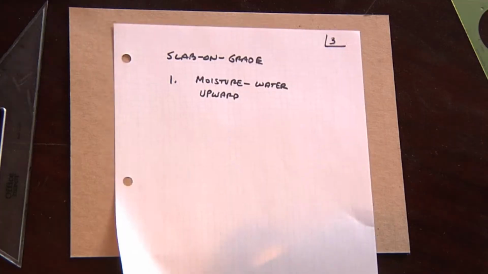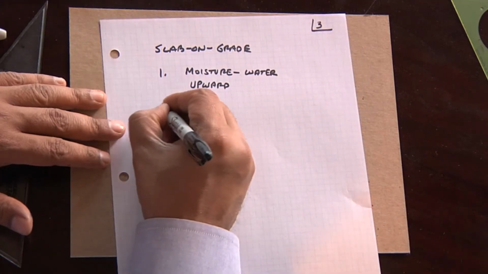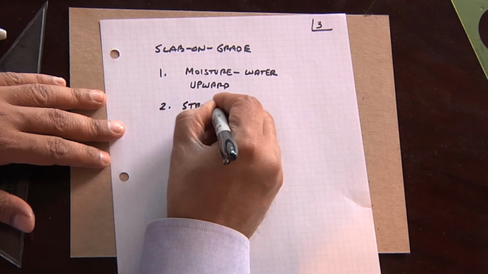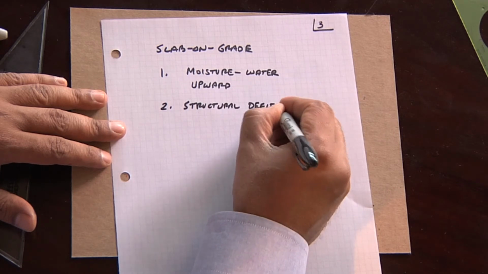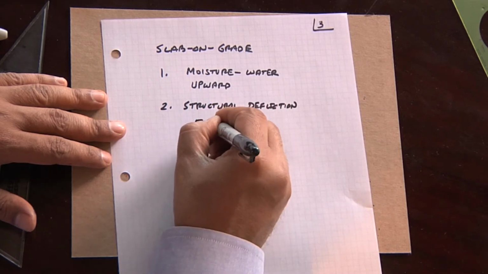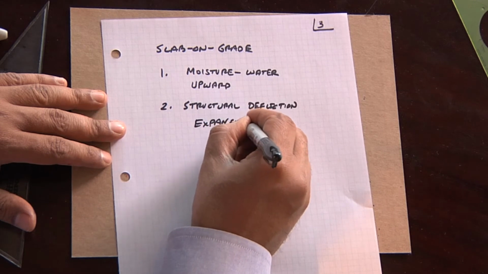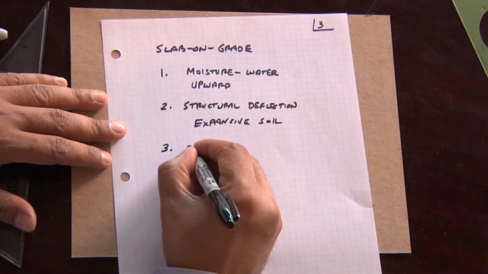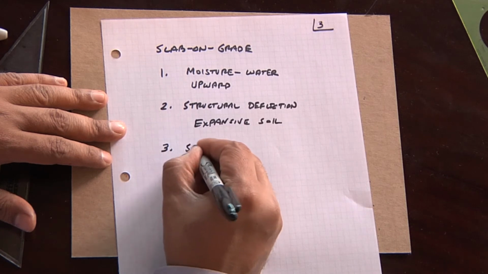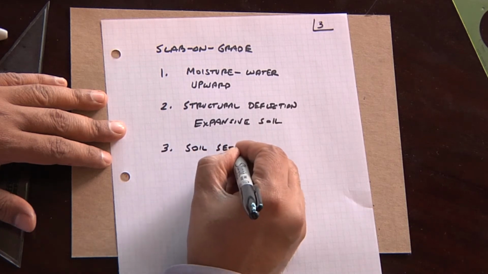You have upward moisture, you have structural deflection occurring from expansive soil, which is a very common problem. And then you have soil settlement, which can occur for a multitude of reasons.